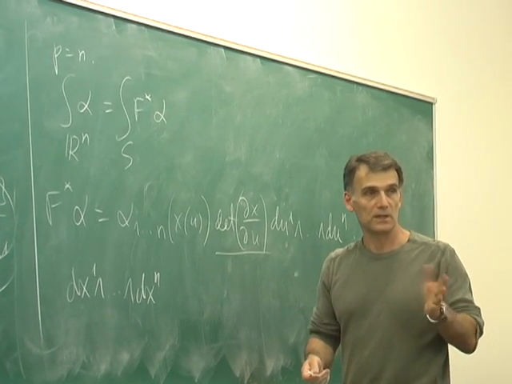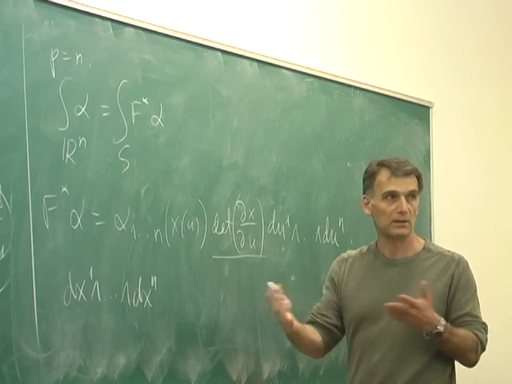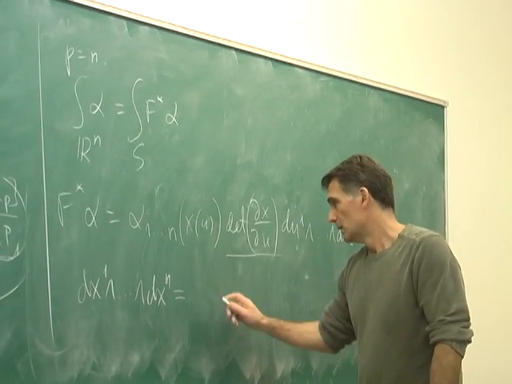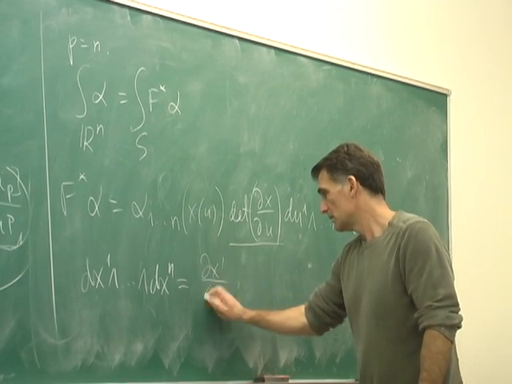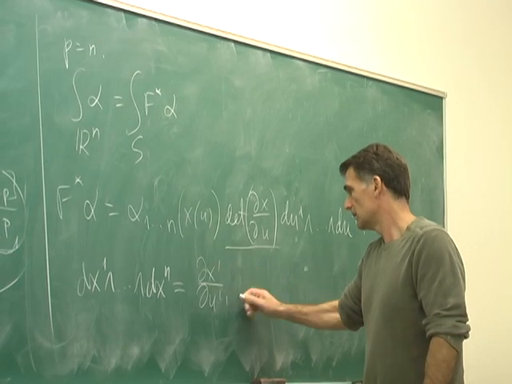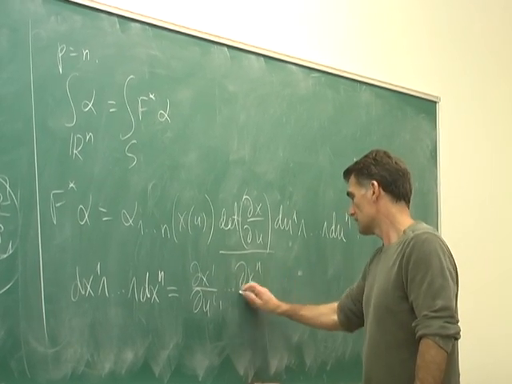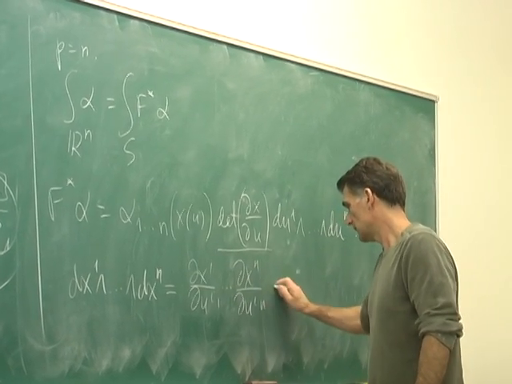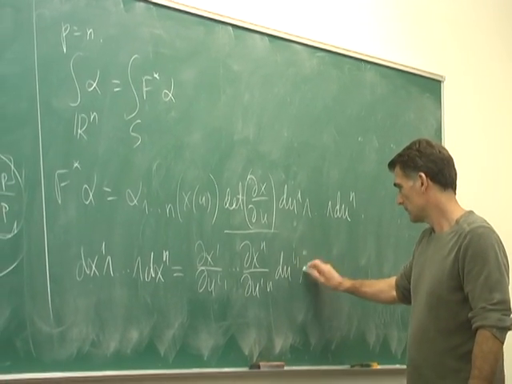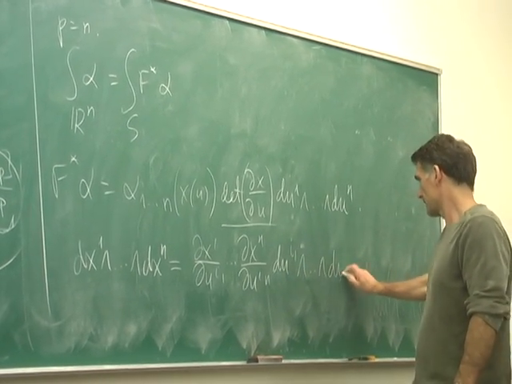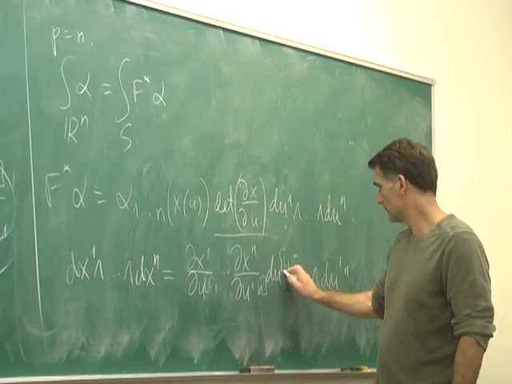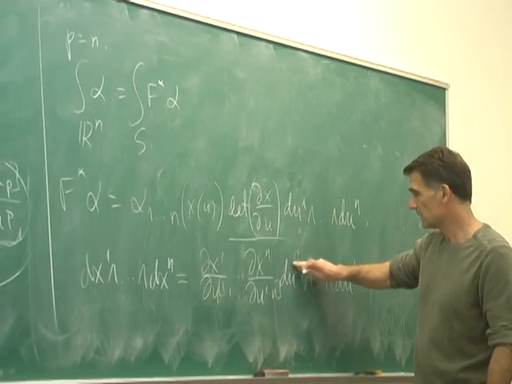You're just changing variables from x to u. There are n of them. So you do dx1 by du I1, dxn by du In, du I1 through du In. Okay, but this is all antisymmetric.